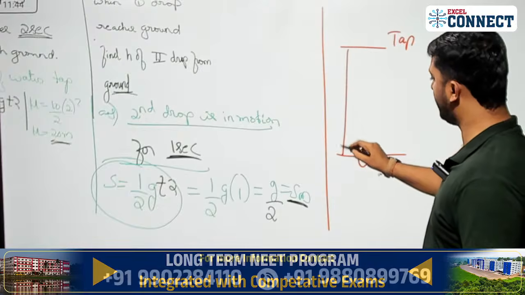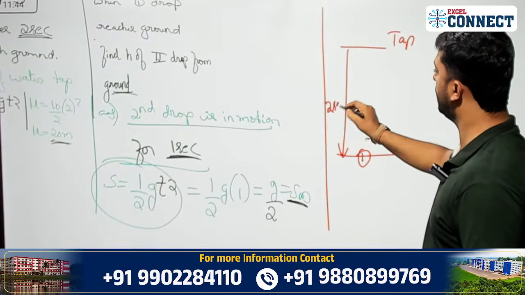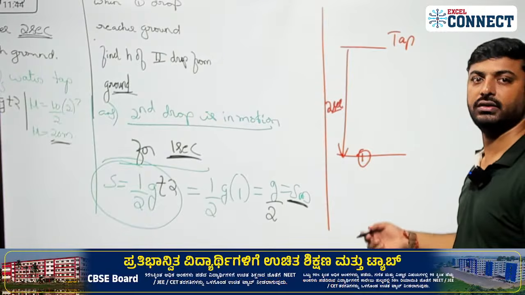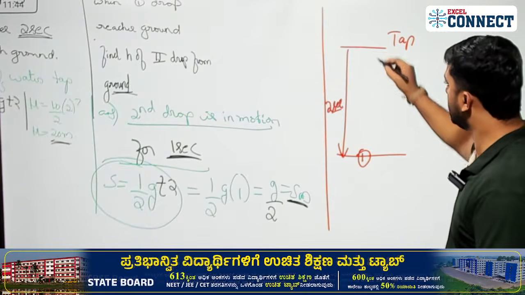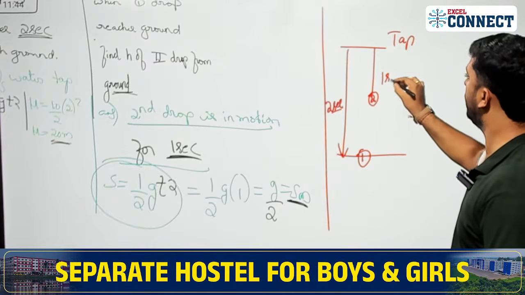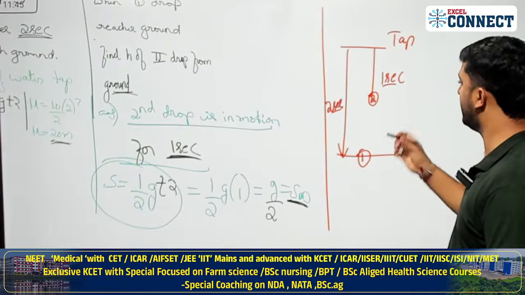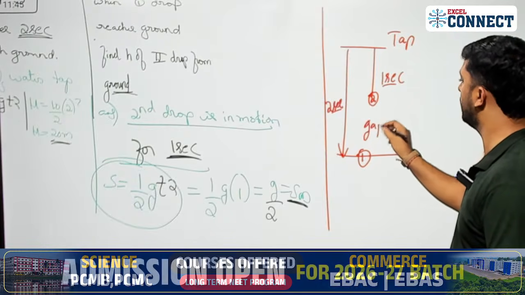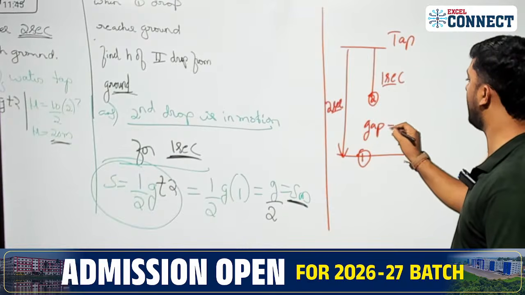What is the time taken by the first drop? It is 2 seconds. After 1 second, the second drop will come. So the second drop takes time 1 second. Why? Because what is the gap between the first drop and the second drop? The gap is 1 second.